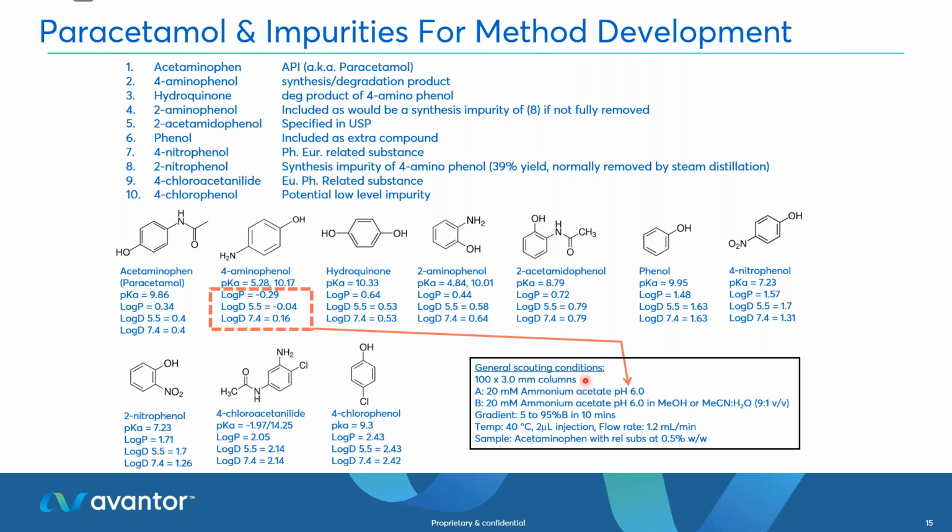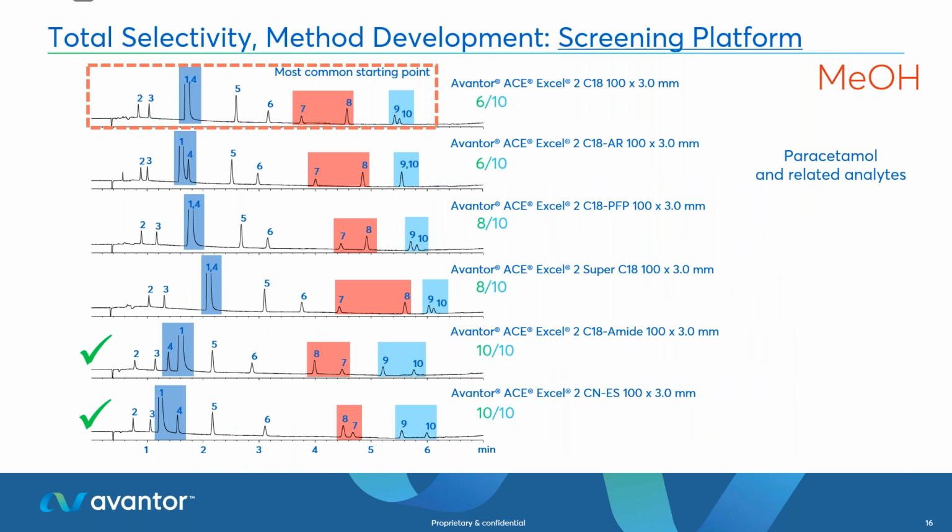We're running a longer gradient, a 10-minute gradient in this case, but the flow rate's the same, and we're running at 40 degrees. We set that up on the system as described previously, came back the next day and had a set of 12 chromatograms to look through.